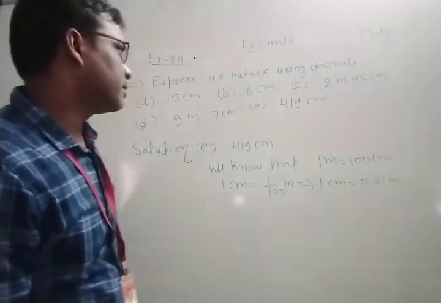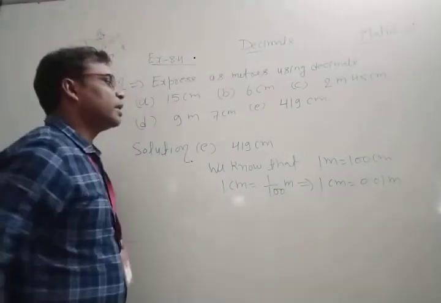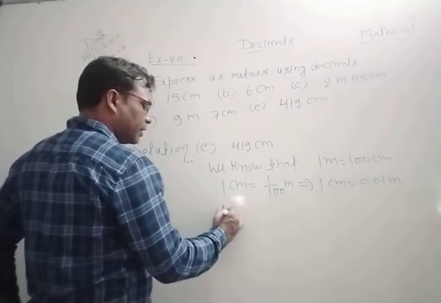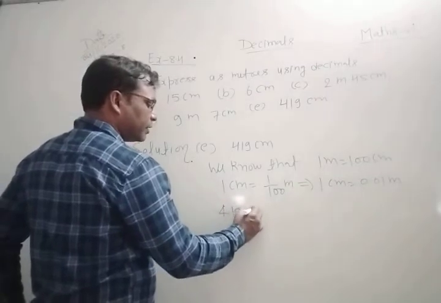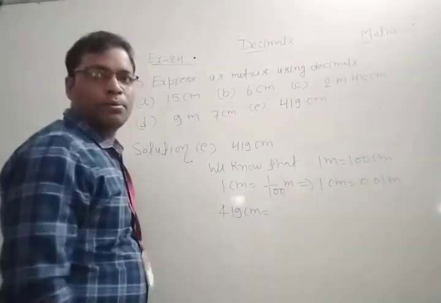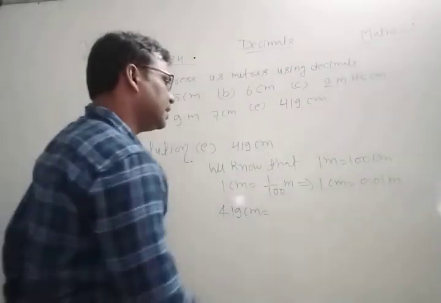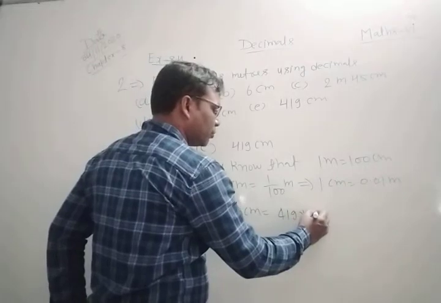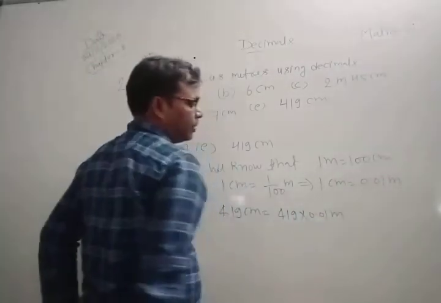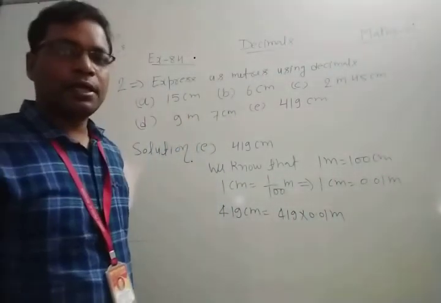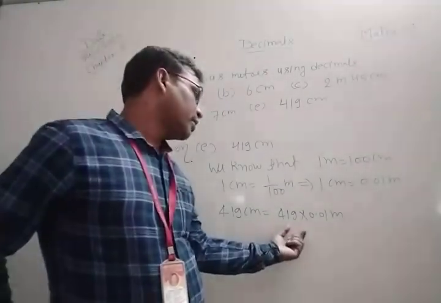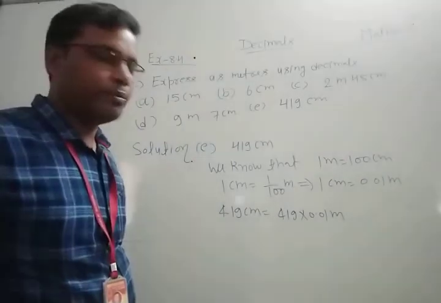But in this case, what we have? We have 419 centimeter. So we can write 419 centimeter is equal to 419 into 0.01 meters. If you multiply them, then we obtain 4.19 meters.